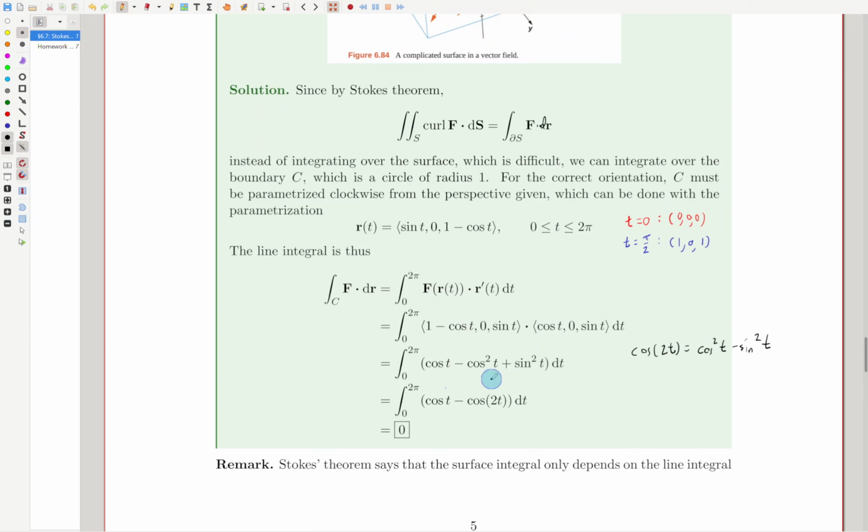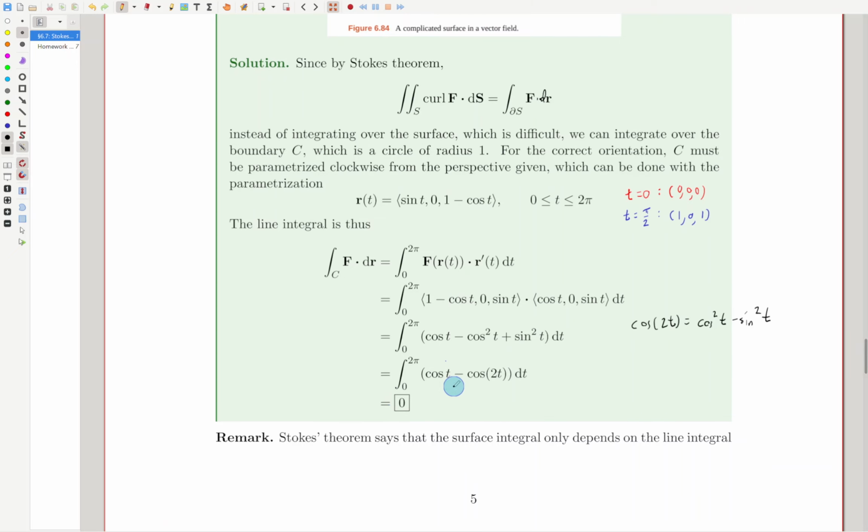So noticing that this is the negative of that, that's why I wrote minus cosine of 2t. And then, of course, both of these integrate to 0, because they're sinusoidal. From 0 to 2 pi, it picks up a full period of cosine and 2 periods of cosine 2t. So of course the integral is 0.